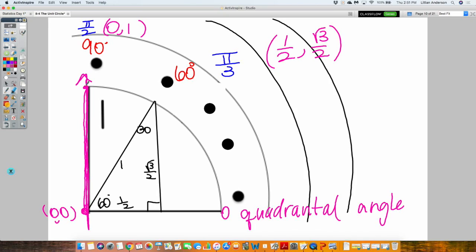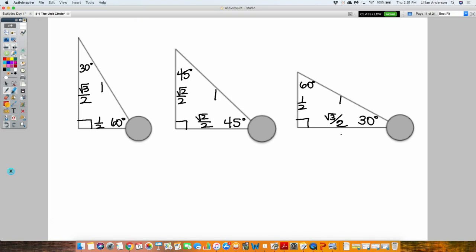So everything that we had just covered with those respective triangles is going to be the same all the way across the board. All of this is still the same because we're inside of the unit circle with the radius of 1. So what I would like you guys to do is complete the rest of your triangles, so in that way, I don't have to continue to go through this part.